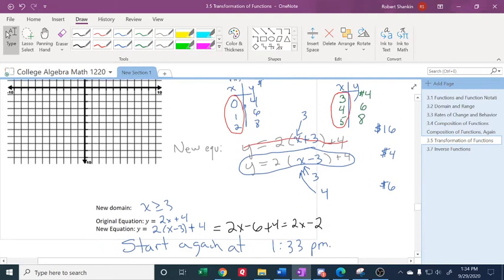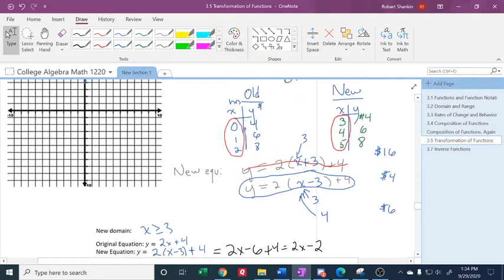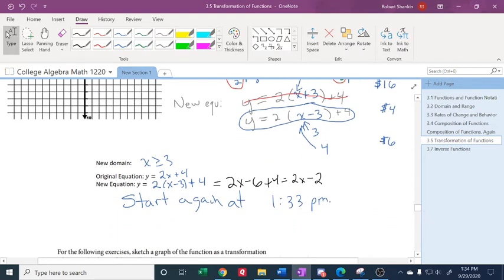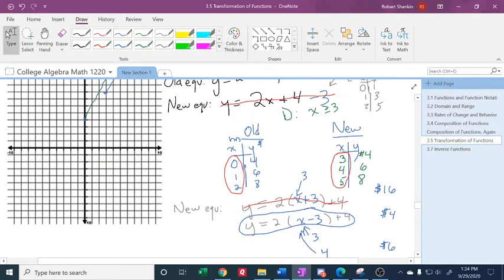And now this one, though, doesn't start until x is 3. And then you're going to get, when you put 3 in, 6 minus 2, which is 4, which is the same value as what we're getting over here.